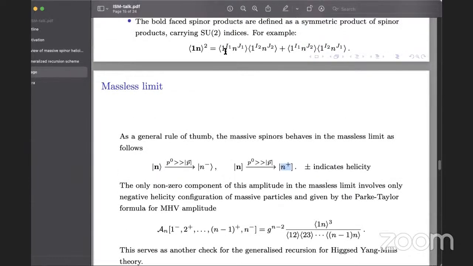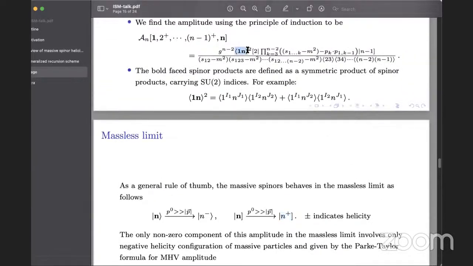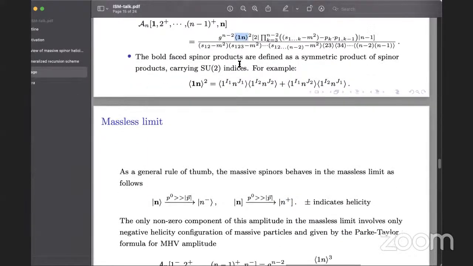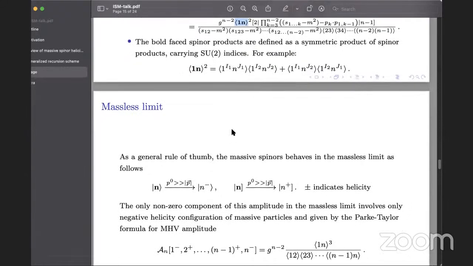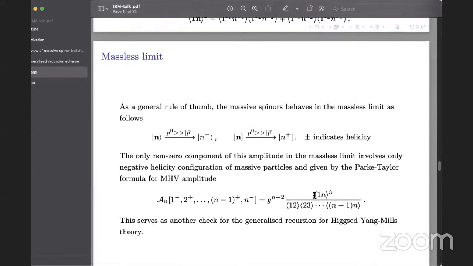So with this, you can see that only angle brackets involving 2 massive spinor helicity variables are appearing. So in the limit, there is only one non-vanishing configuration, which exactly produces the MHV.